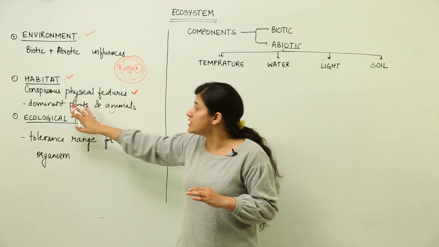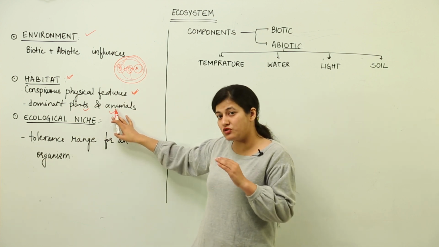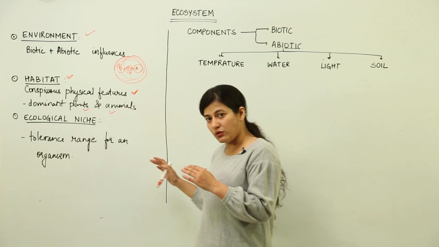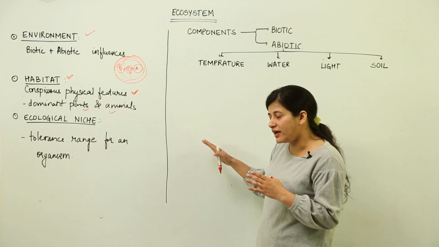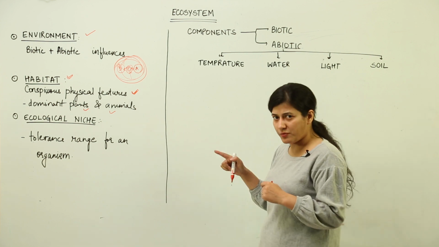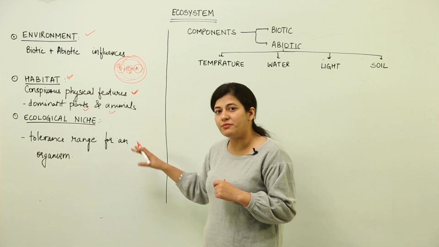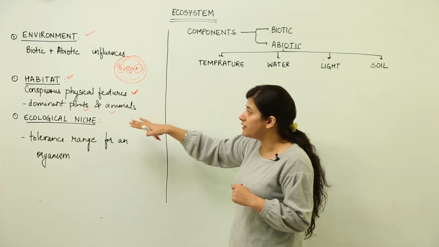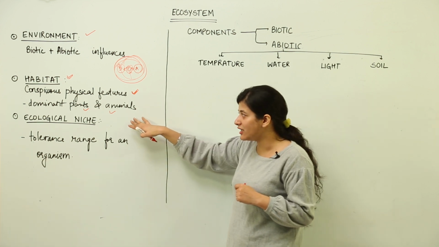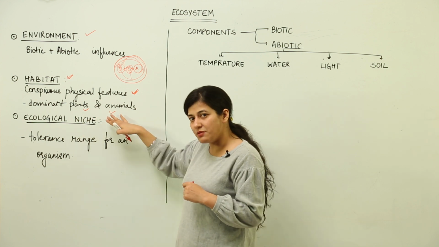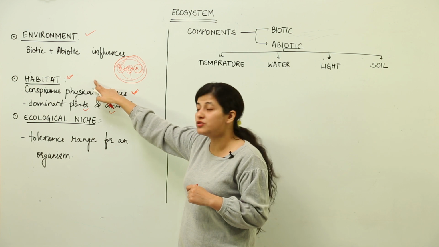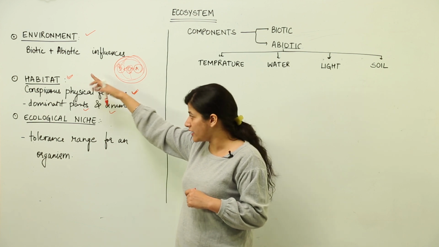Please pay attention. The plant and animal species which would be quite visible, the dominant ones. Supposedly I am talking about a river population. Not river, mangrove would be a better option. If I am talking about a mangrove habitat, I am talking about a mangrove plant. So you know that there would be dominant plant and animal species, all those plants and animals which know how to survive in marshy areas. That would contribute to the habitat of that organism.